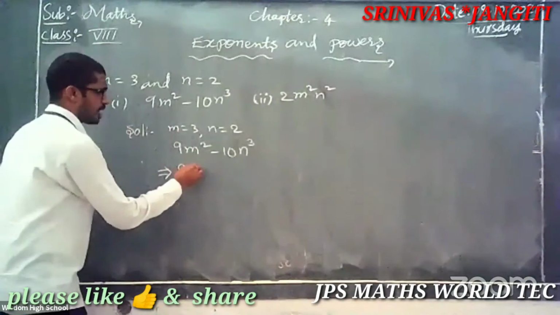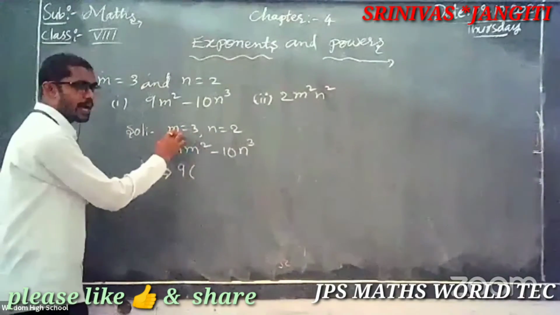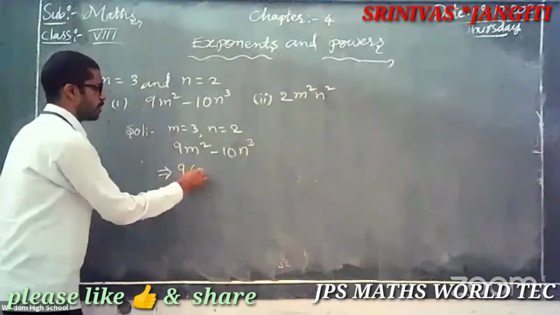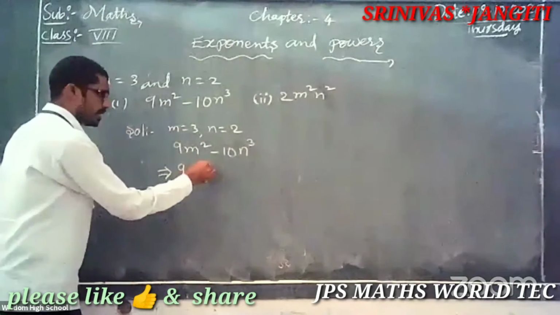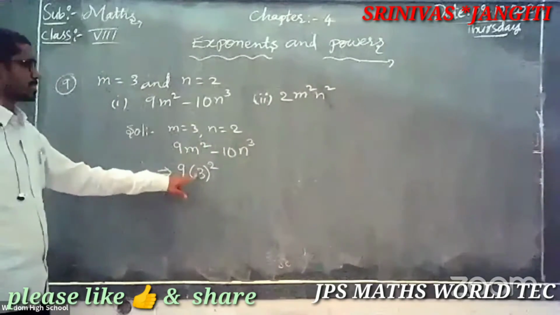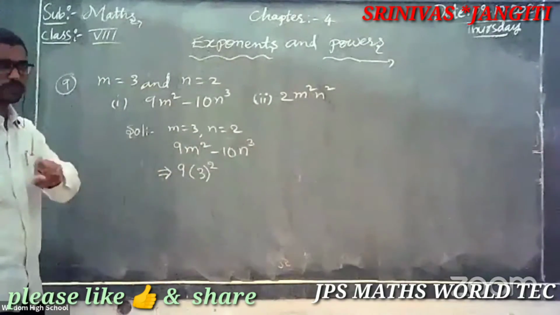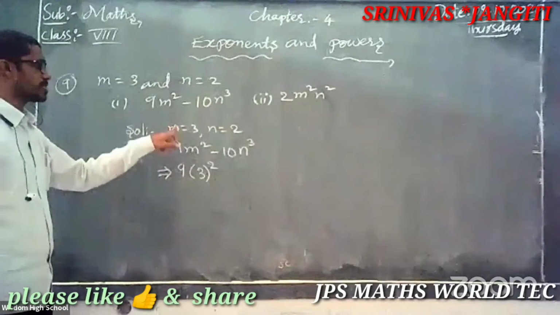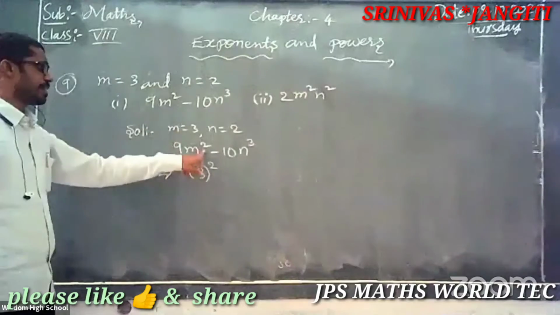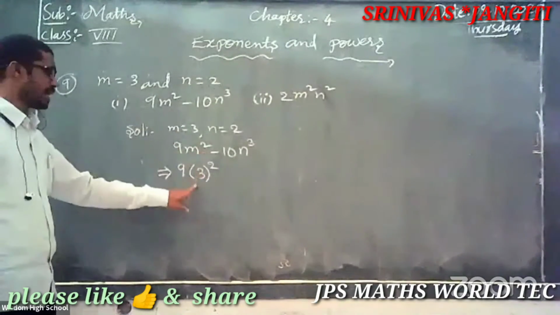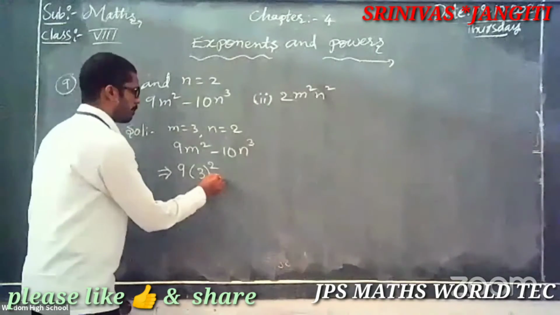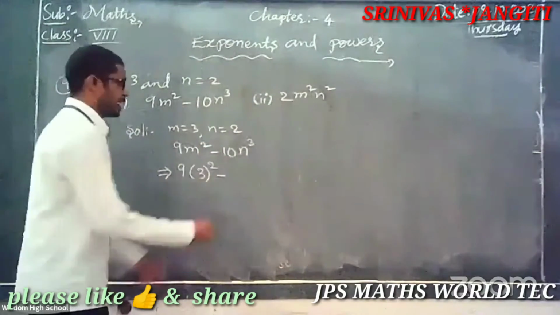But in place of m, what is the value of m? 3. So m squared becomes 3 squared. Is it clear? Why? Because m is 3. In place of m squared, 3 squared. After that, minus 10.